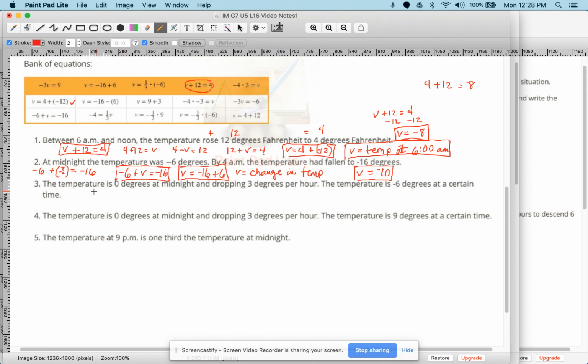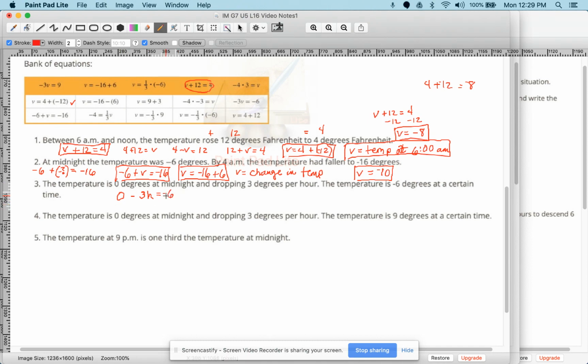Number 3 says that the temperature is 0 degrees at midnight and it's dropping 3 degrees per hour. The temperature is negative 6 degrees at a certain time. So we start with 0 degrees. We're subtracting 3 degrees times every hour. And then at a certain time, the temperature is negative 6.